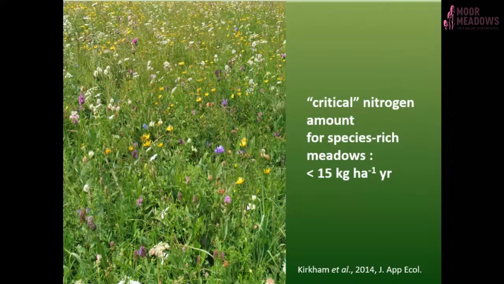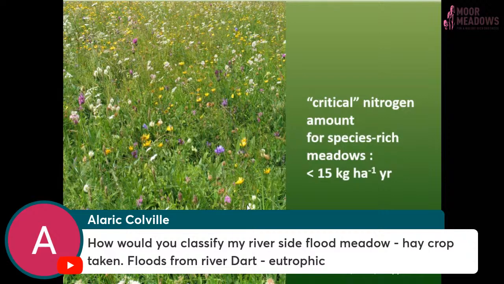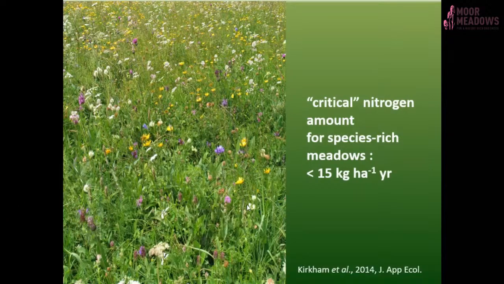Now, considering that atmospheric inputs probably in most of the UK are approaching 15 kilograms per hectare anyway, it shows we've got a real problem on our hands, particularly if any farmer or landowner wants to add a little bit of fertilizer. It isn't possible in order to maintain that species richness. I showed you the picture of the nitrogen graph. I could also show you the same looking figure with phosphorus.